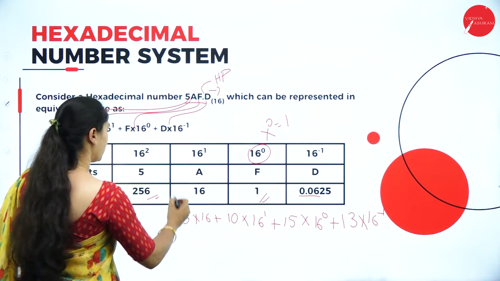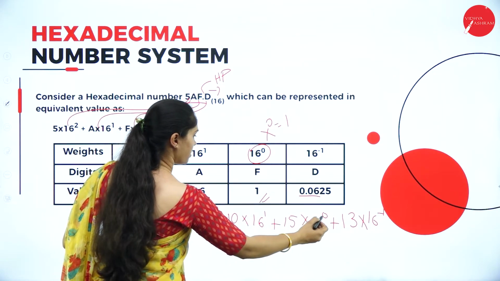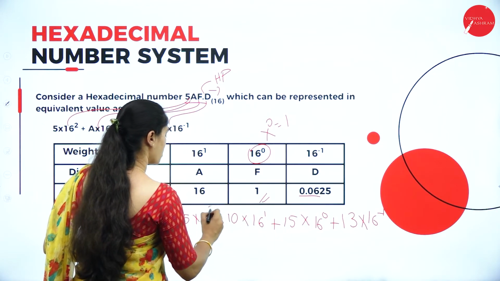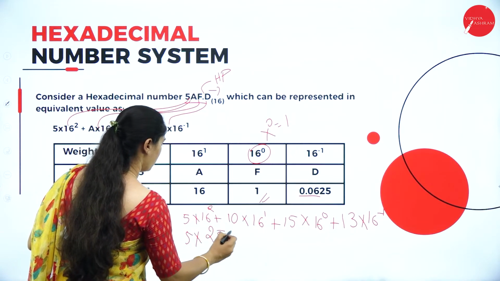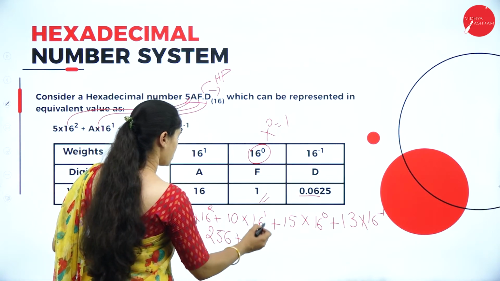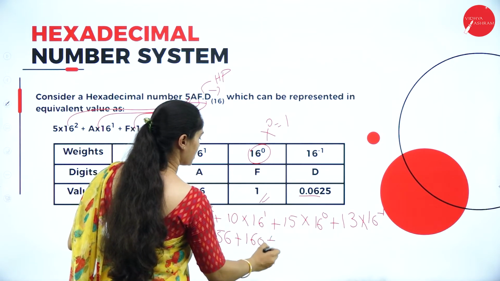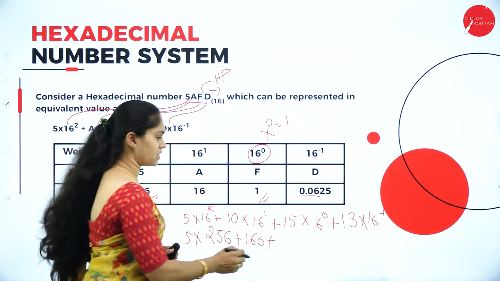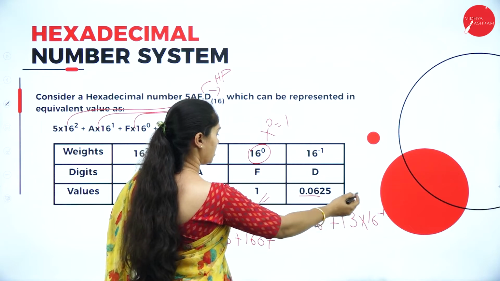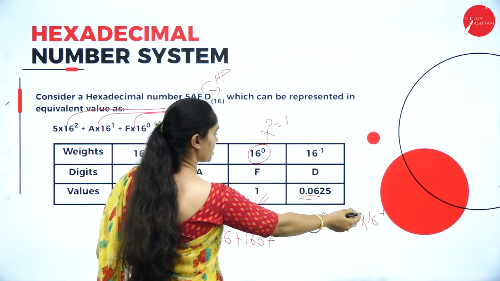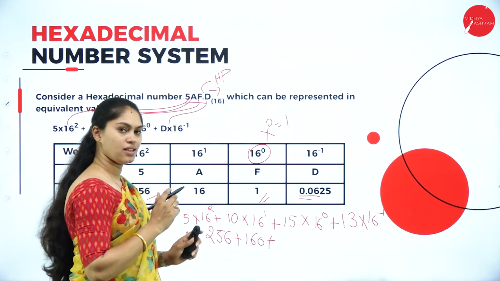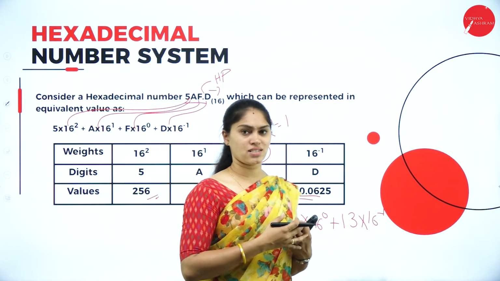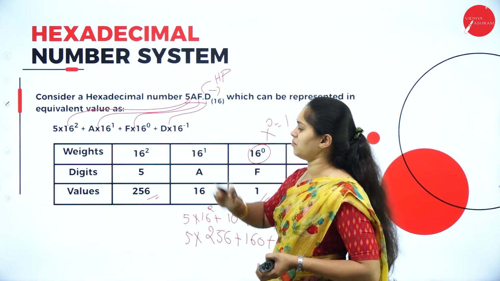So 5 into 256 is 1280, plus 10 into 16 is 160, plus 15 into 1, plus 13 into 0.0625. This is how we represent a hexadecimal number.